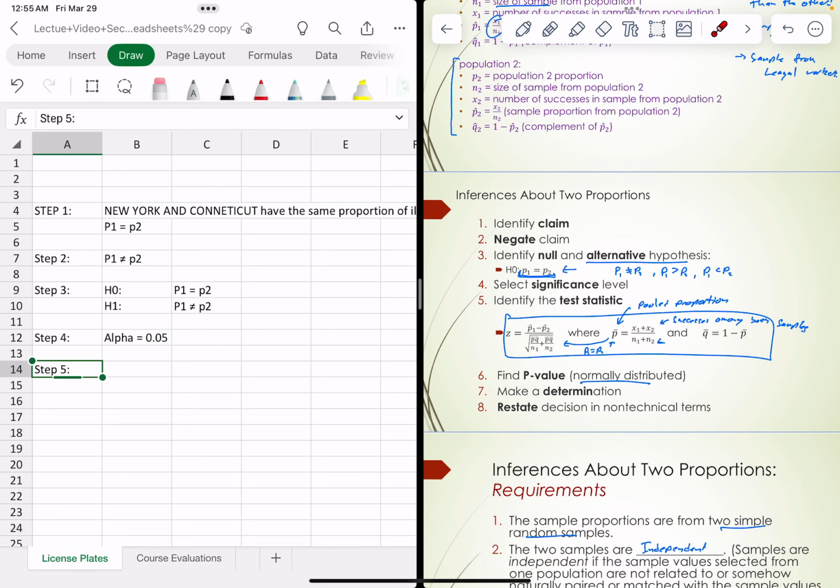Z equals P1 hat minus P2 hat over the square root of P pooled, Q pooled over N1 plus P pooled, Q pooled over N2. Square root of all that. There's my test statistic. P pooled is X1 plus X2 over N1 plus N2. Alrighty, okay, that should be enough.